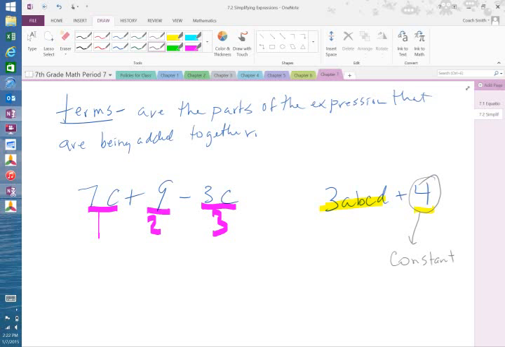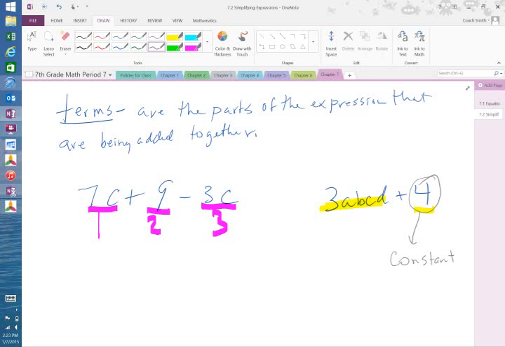Okay? Does the value of 4 ever change? 4 is always 4. If I say 4 plus 2, that's always going to be 6. Because 4 is always equal to 4, and 2 is always equal to 2. They're constants. Okay?